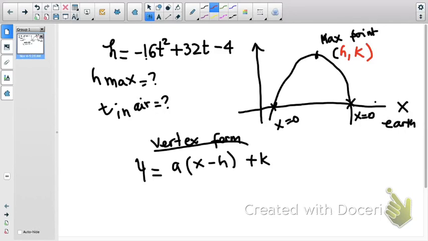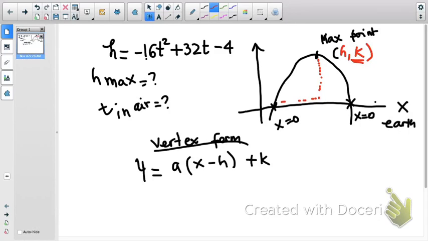And what we're really interested in is k, because k is the y coordinate, so k is the height. H is just along the x axis, but k is the y coordinate.